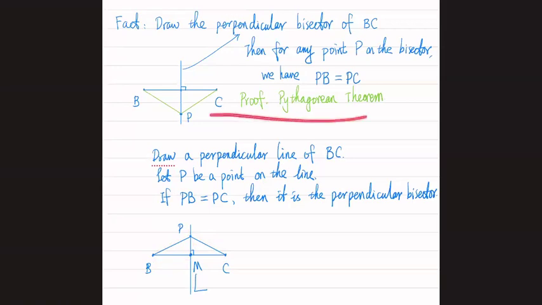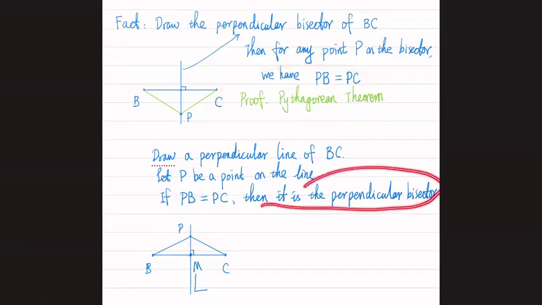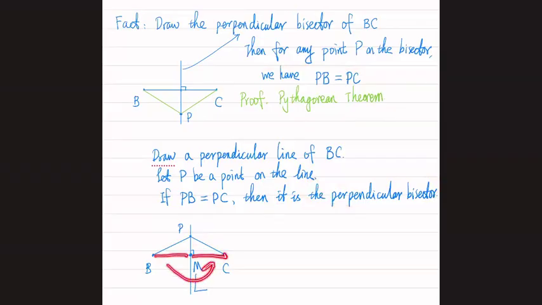So again, the Pythagorean theorem. We want to prove that it's the perpendicular bisector. We want to check these two segments have the same length. By the Pythagorean theorem, BM squared is the difference of the two squares, and CM squared is the difference of these two squares.